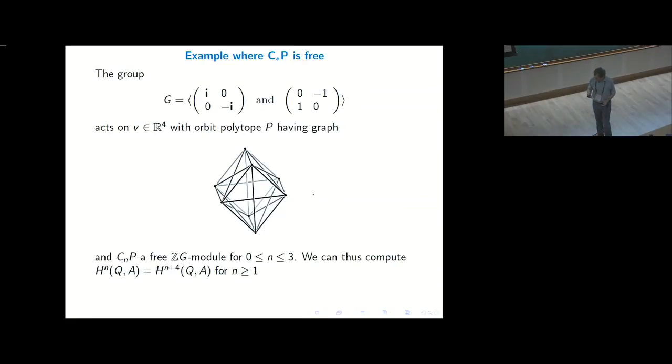You do some checks, and you find that G acts freely on all of the cells. Each cell stabilizer is trivial. And so when you get this infinitely long periodic resolution, that is actually a free ZG resolution for the quaternion group of order 8, from which you can calculate the cohomology. You also see that the periodicity of the resolution means that the cohomology or homology is also periodic.